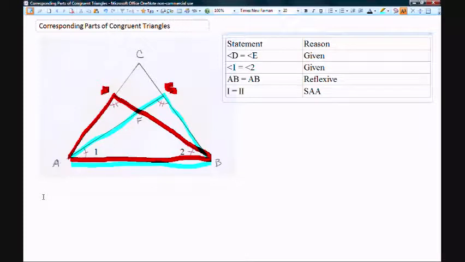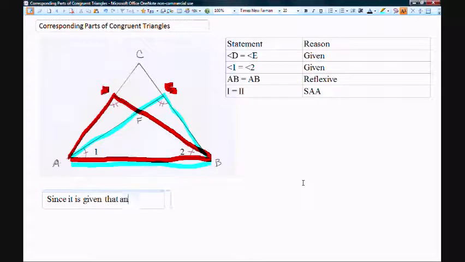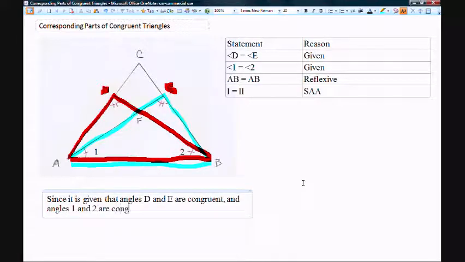Now, let's write that in a paragraph. We're going to start by saying, since it is given that angles D and E are congruent, and angles 1 and 2 are congruent as well.